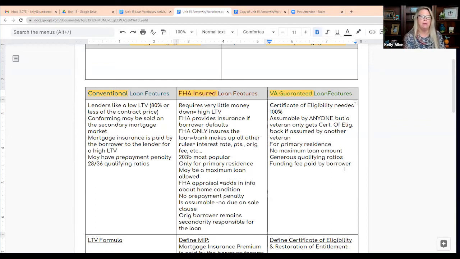But a funding fee paid by the borrower, that is similar to an origination fee in conventional financing. It could be a lot, but guess what you can do? You can finance that too. That's how you can get 103% financing with a VA loan. There will not be a prepayment penalty. No prepayment penalty.